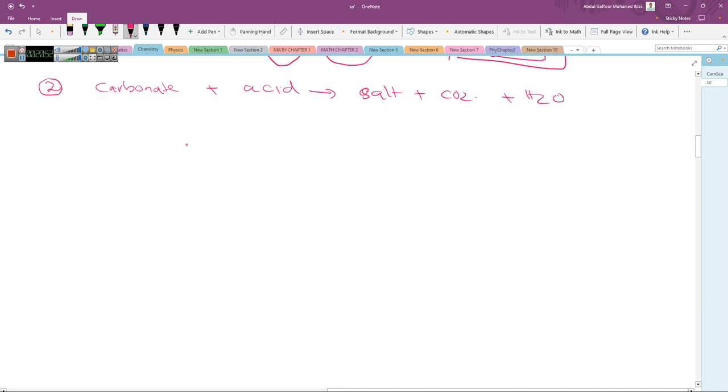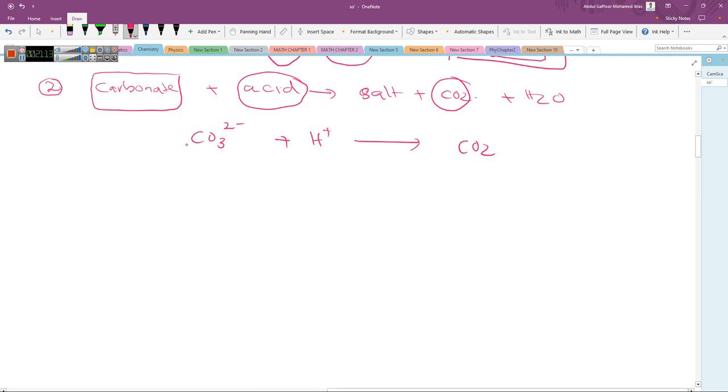Now what you should know here is, if you have a carbonate ion and you put acidic medium, it will always produce carbon dioxide. So you should remember this. CO3 2 minus and H plus will give you CO2 gas.